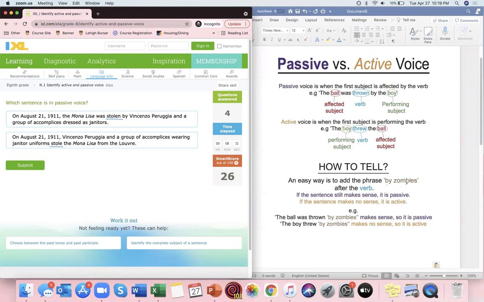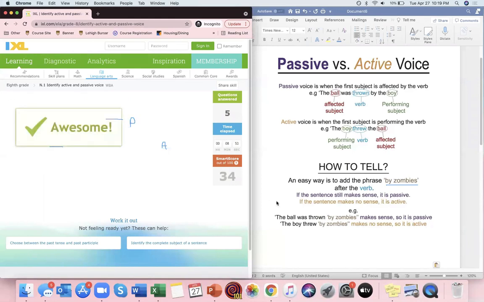Now let's add by zombies at the end. So the Mona Lisa was stolen by zombies makes sense. Therefore, it is passive. Whereas Vincenzo and a group of accomplices wearing janitor uniforms stole by zombies does not make sense. So this would be active. So therefore, the answer is this one. That's all.